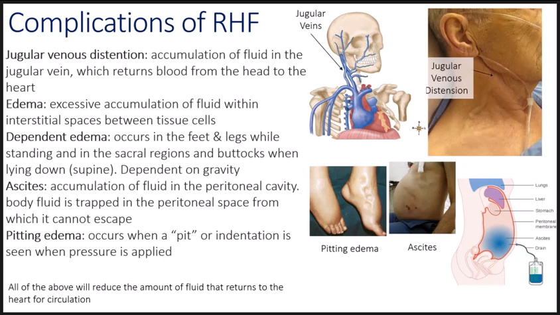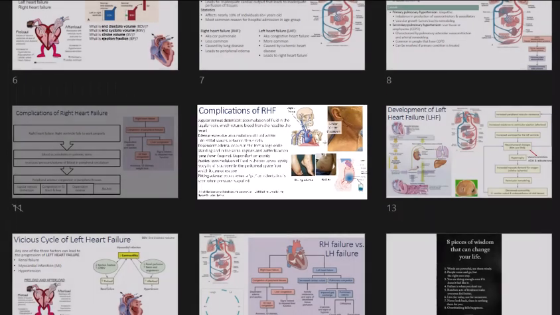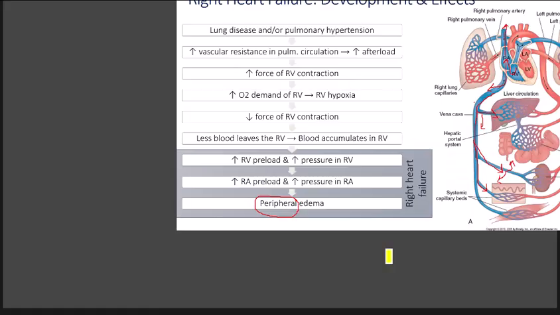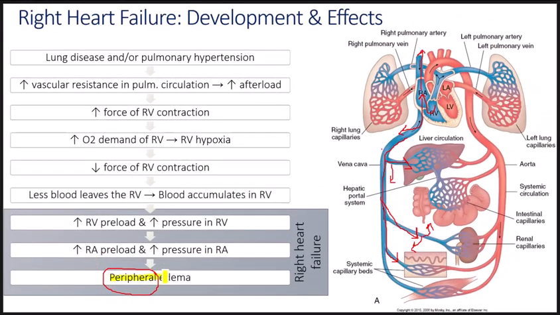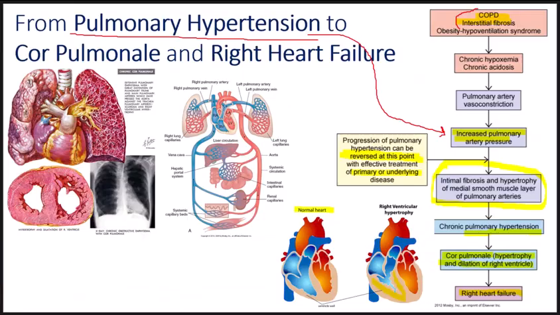Now let's look at some of the complications of right heart failure before we move into left heart failure. I mentioned earlier, let me just go back to that slide for a moment, peripheral edema because of an increase in pressure within the venous system because we back up blood into it and then it spills out, causes peripheral edema.